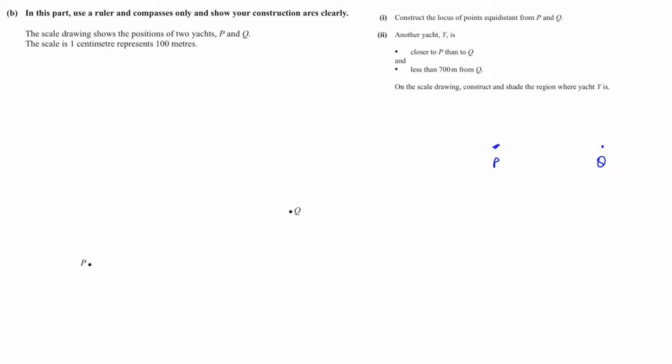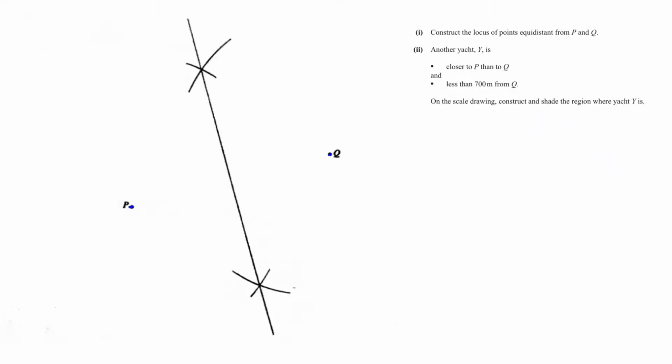So from P, make an arc with your compass like this and with the same length from Q. Join the two arcs together and that is your perpendicular bisector of the line PQ, and it is the locus of points equidistant from P and Q.